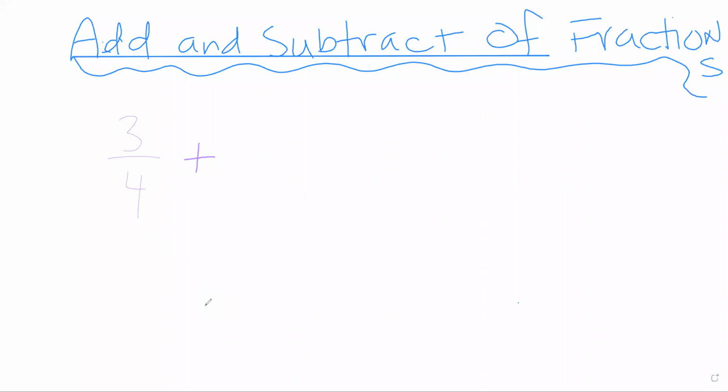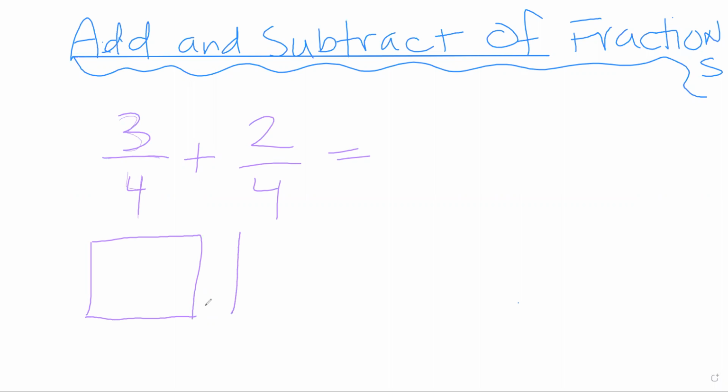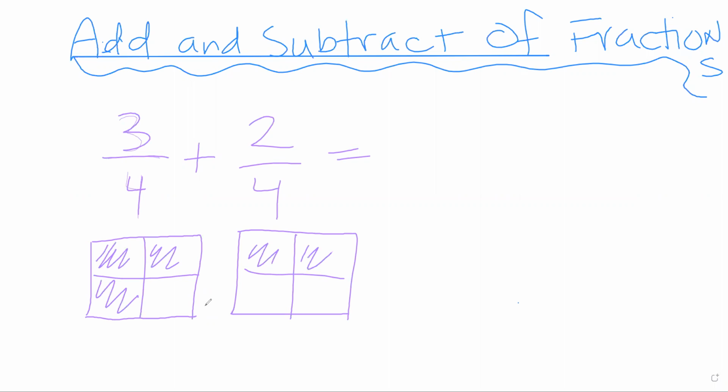So if I had 3/4 and I'm going to add 2/4, for an example, we've learned that this isn't really about the denominator, because the denominator only shows us what we took and how many pieces we cut it into. So if I think about this model, I cut these into 4 pieces each, and this is 3 of them, and this is 2 of them.